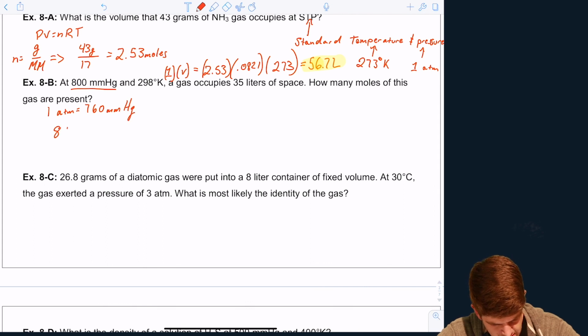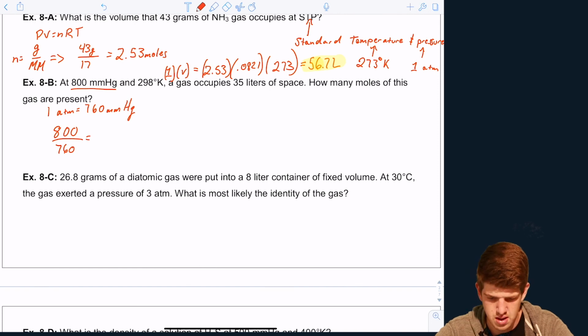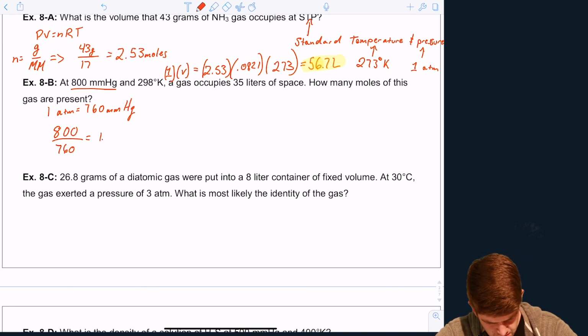So 800 divided by 760 is roughly 1.05 atmospheres of pressure. So with that given, basically we have everything we need.